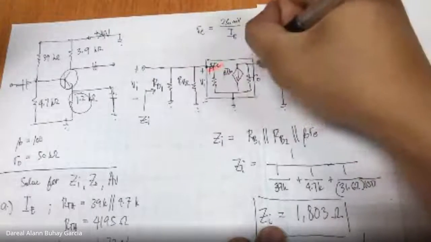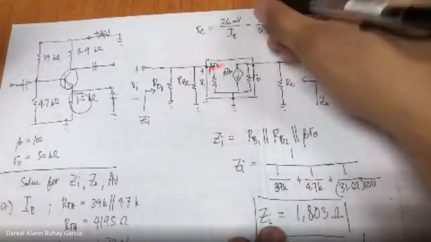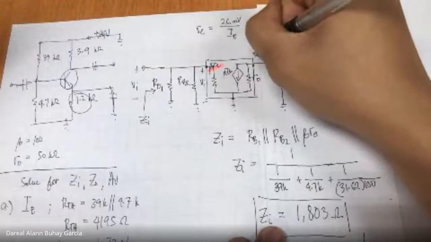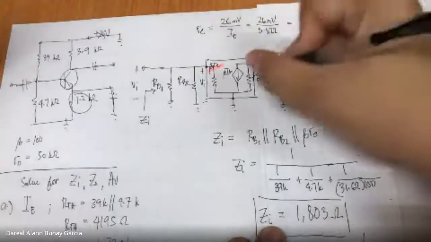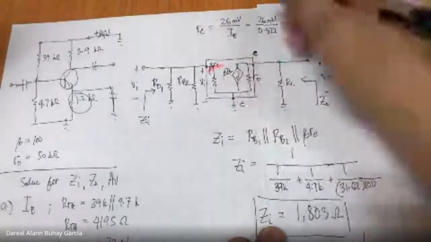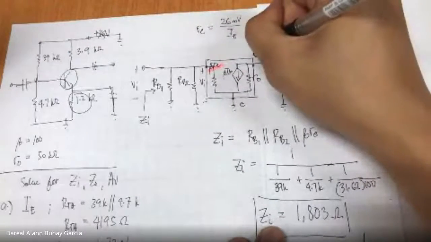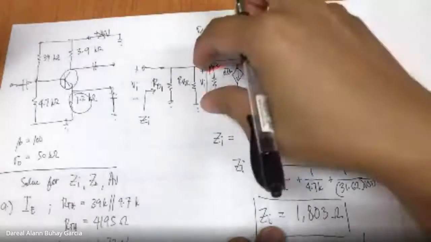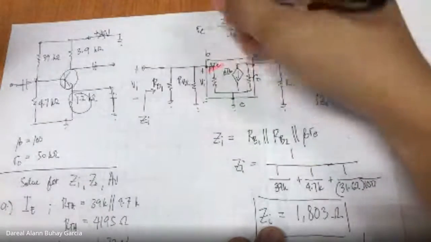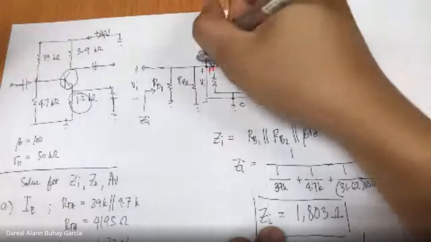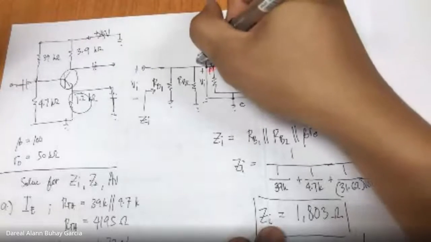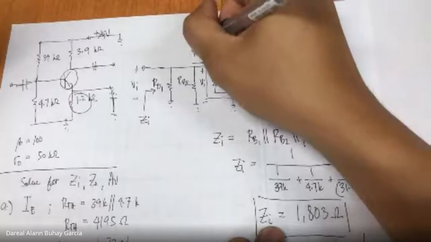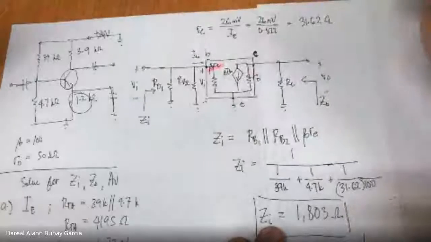Terminals is the collector, no? Collector, emitter, and base. So, VI is equal to the current times the resistance. So, say current kang flow dire, it's IB. No?